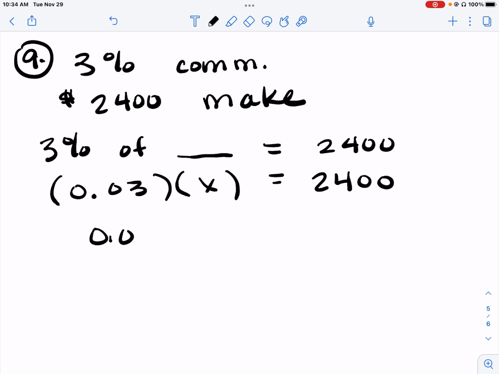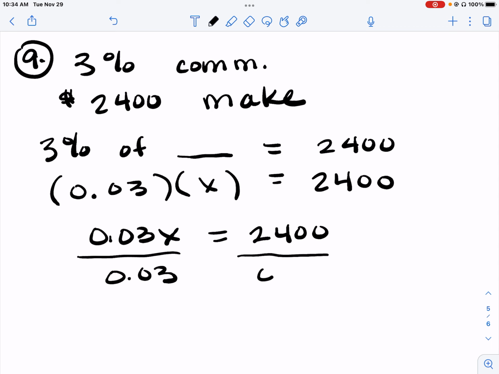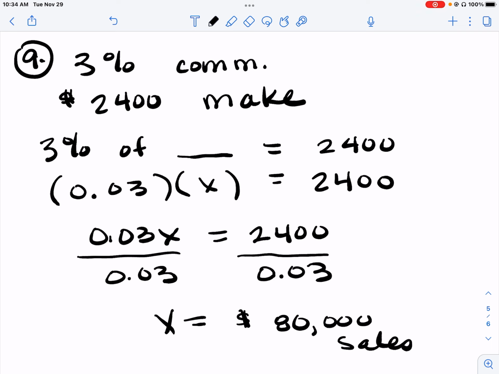So 0.03x equals 2,400. Divide. That tells us the person needs to make $80,000 in sales.